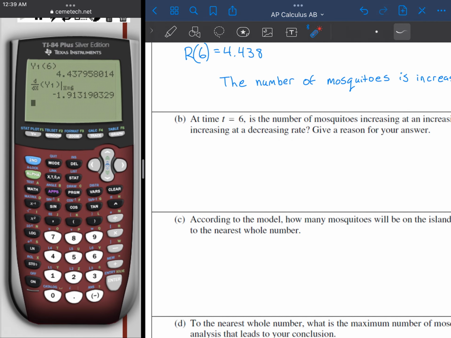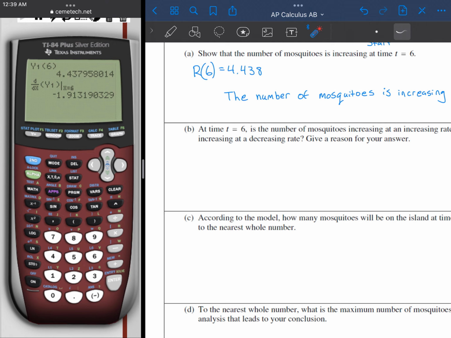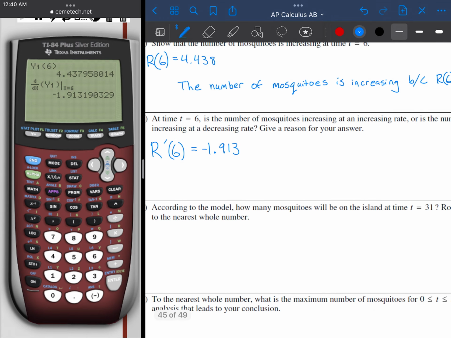You don't have to give the exact value, but I'm going to because I'm cool like that. I'm going to go ahead and say that r prime of 6 is equal to negative 1.913, which, as it happens, is a negative value.